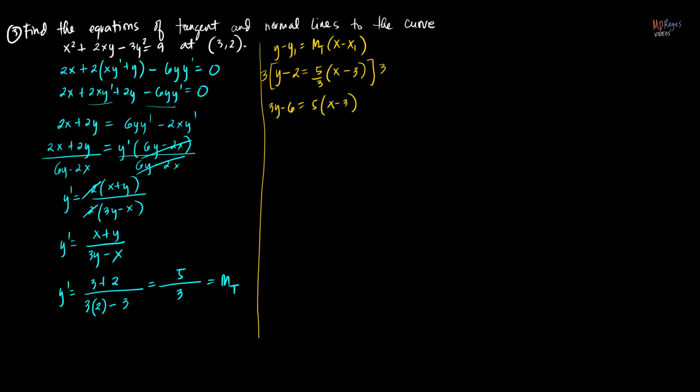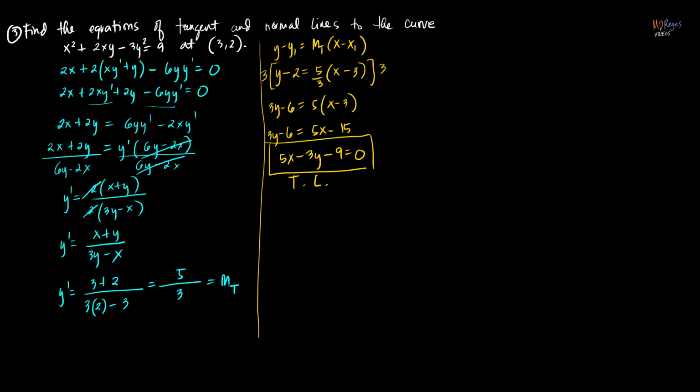Remove the grouping symbols on the right side, and we'll get 3y minus 6 equals 5x minus 15. Then transpose 3y minus 6 to the right, so that 5x will still be positive. So 5x minus 3y, and then negative 6 will be positive 6 when transposed to the right. Combining with negative 15, we get negative 9. So this is the equation of the tangent line.